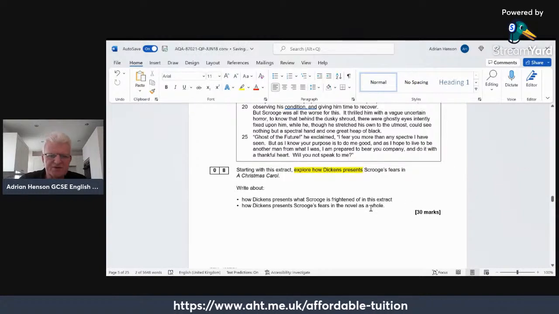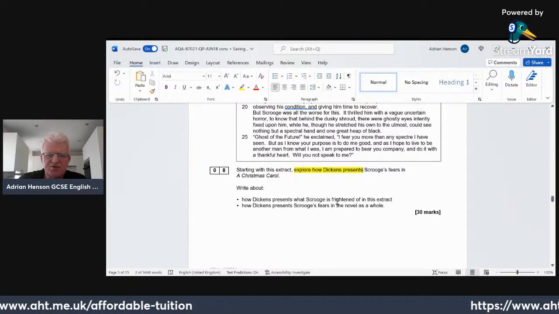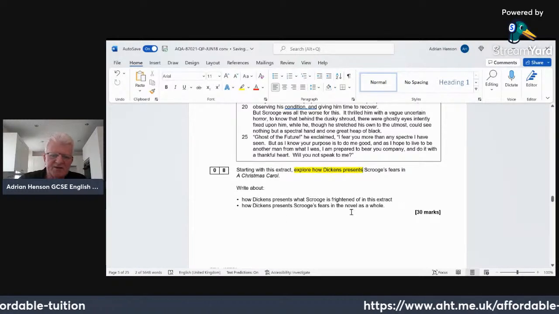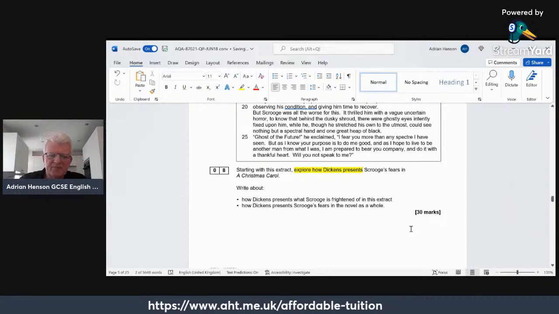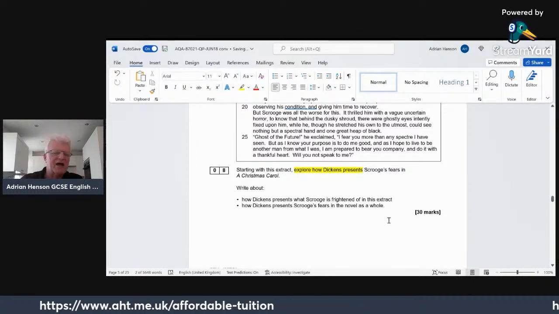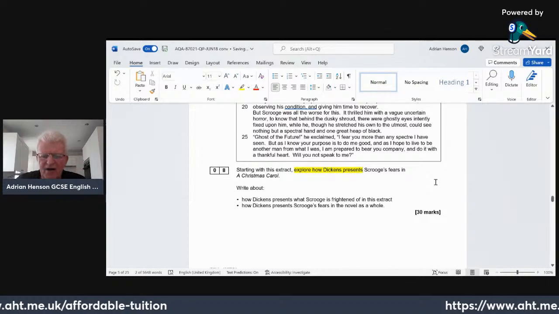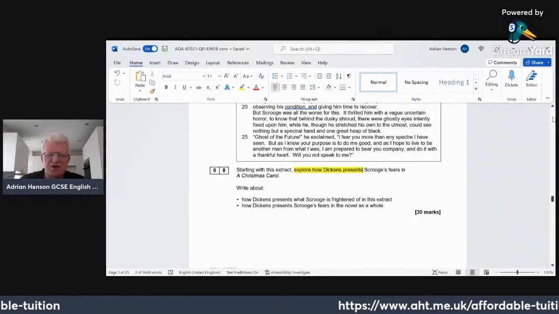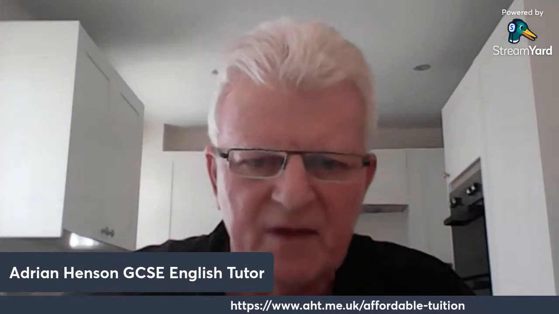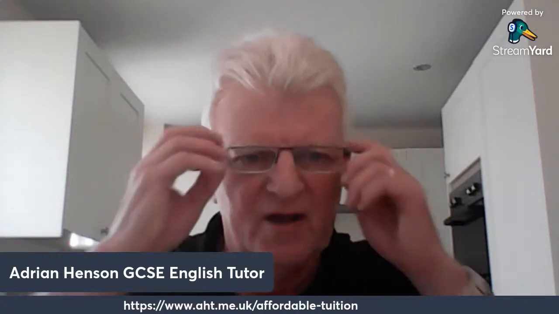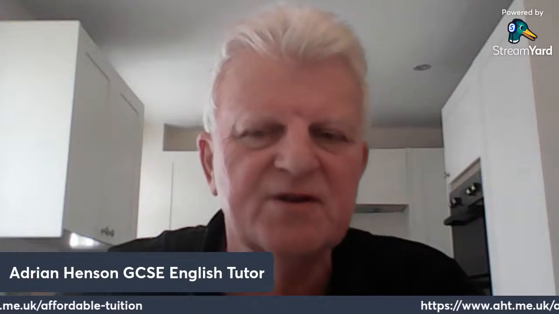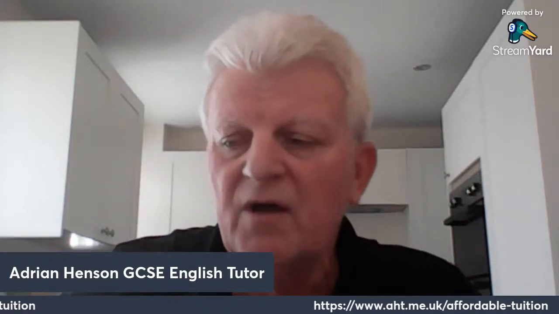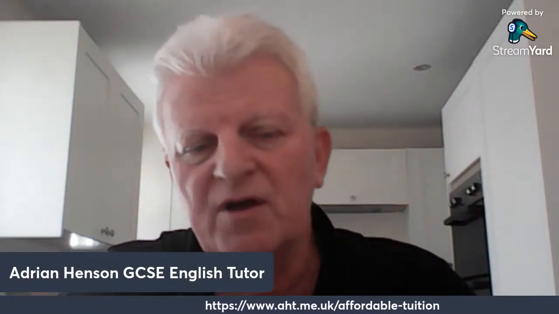We've got 30 marks, and we've got an extract, and it asks how Dickens presents what Scrooge is frightened of in this extract and in the whole novel. So again, we've got another paper that has the question "how," and "how" is about using language and structure. So already you can see that in literature paper 1, you've got the question "how" coming up.